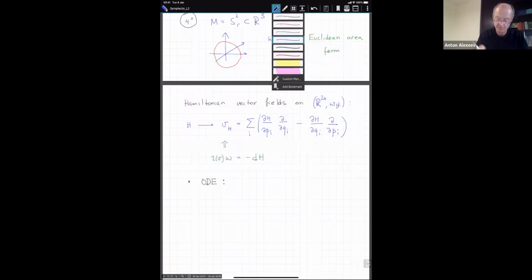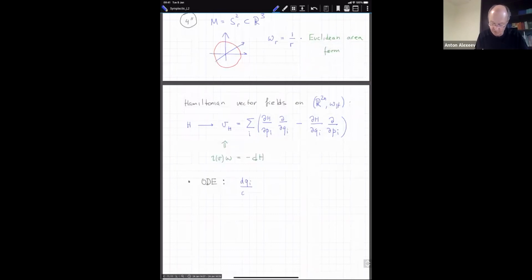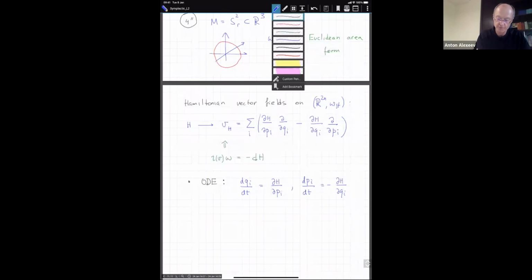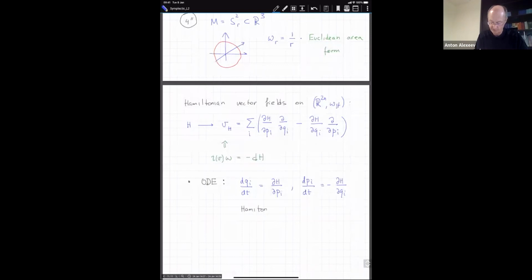The ODE corresponding to that vector field is dq_i over dt equals dh over dp_i, and dp_i over dt is minus dh over dq_i, and this is called the canonical equations in Hamiltonian mechanics.